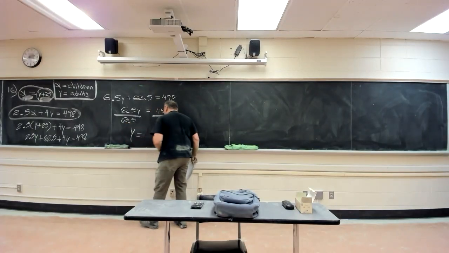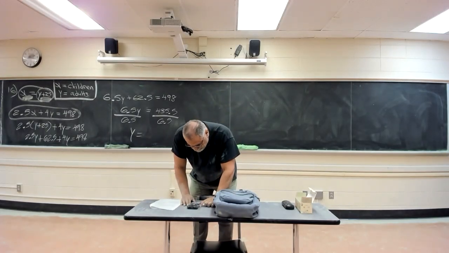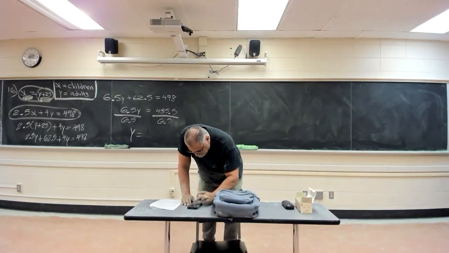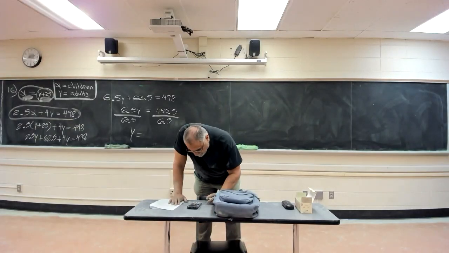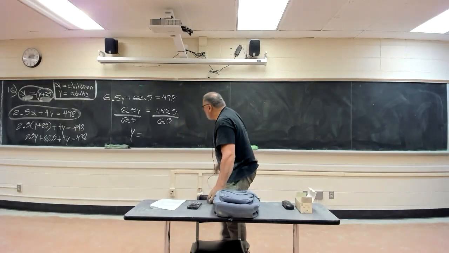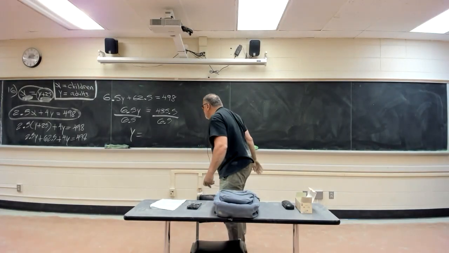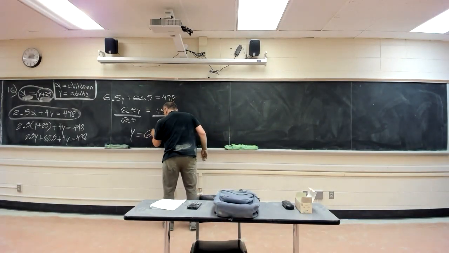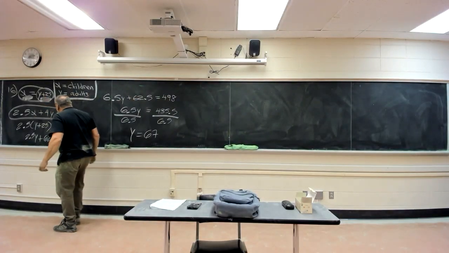You'll get Y. Let's see what happens here. 435.5 divided by 6.5 is 67. 67 adults.